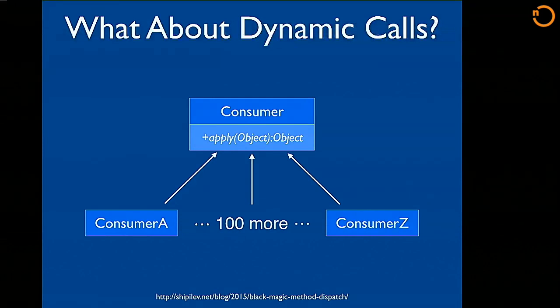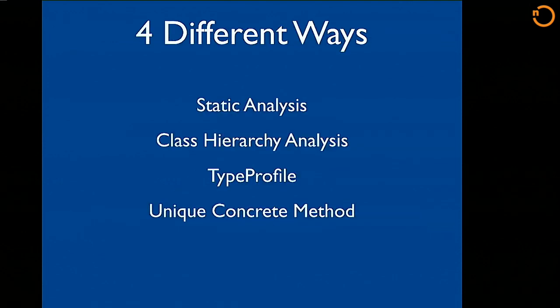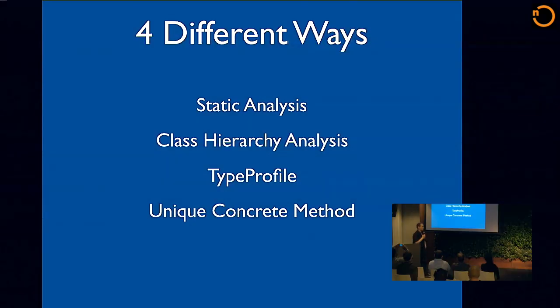But this is a profile-guided compiler. We can do some interesting things. This turns out to be so important that the VM has 4 separate ways to get rid of dynamic calls. A backup for the backup for the backup.